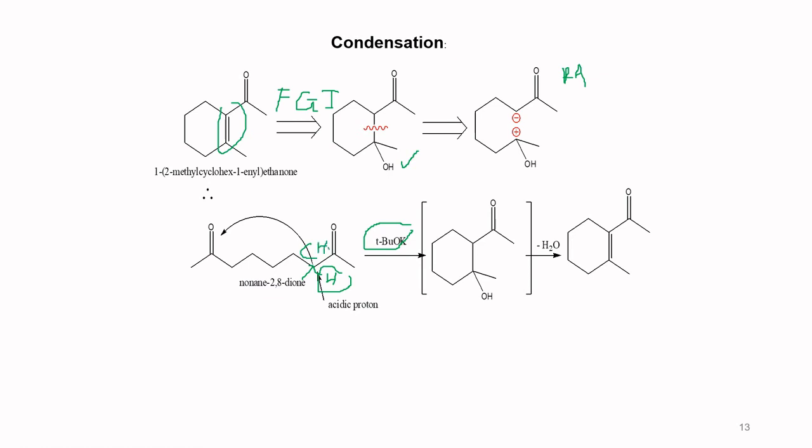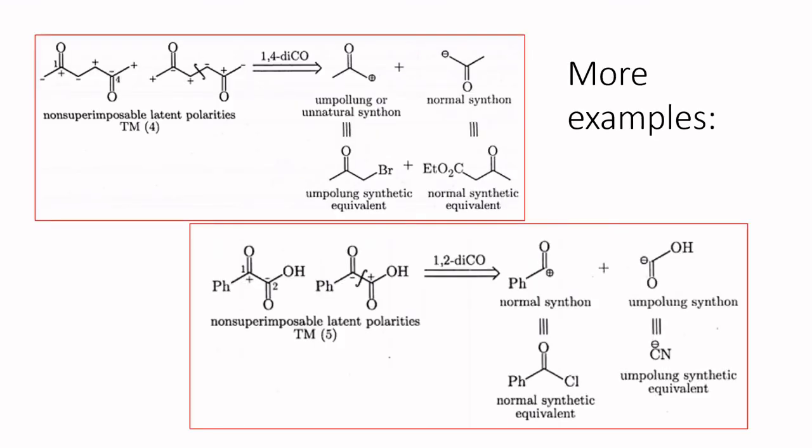This CH minus here is a nucleophile, so it will attack this carbon, and then it will give us this compound. This alcohol will then undergo dehydration to give the target molecule. These are some examples of 1,4-disubstituted carbonyl compounds and 1,2-disubstituted carbonyl compounds.